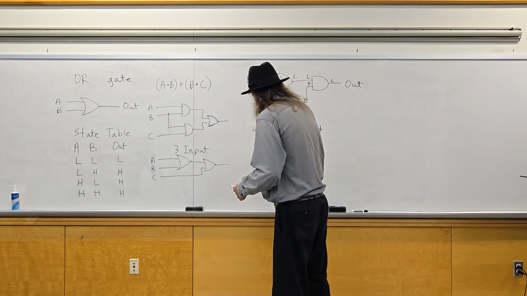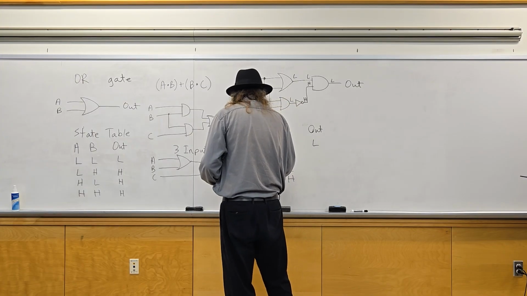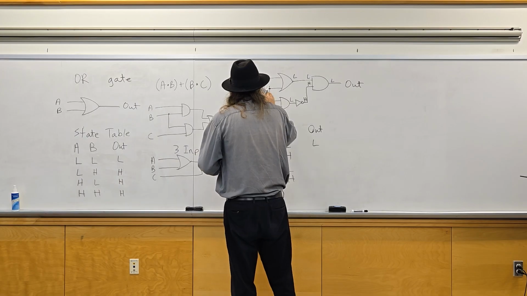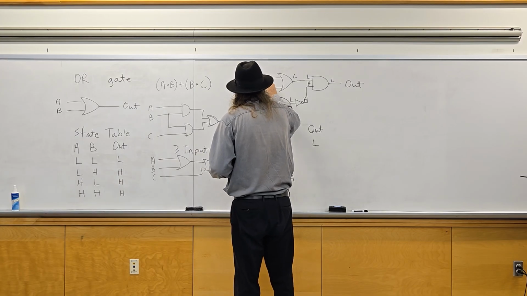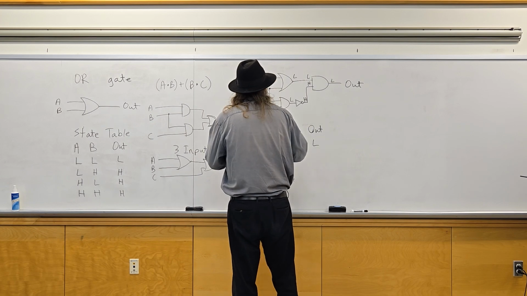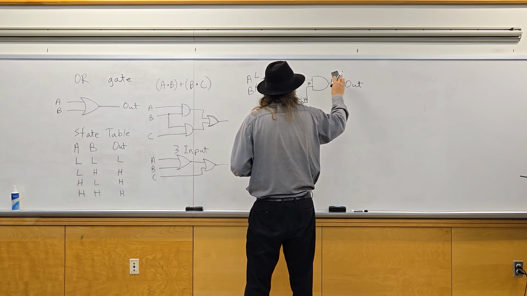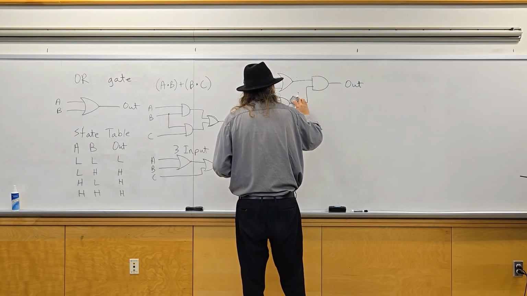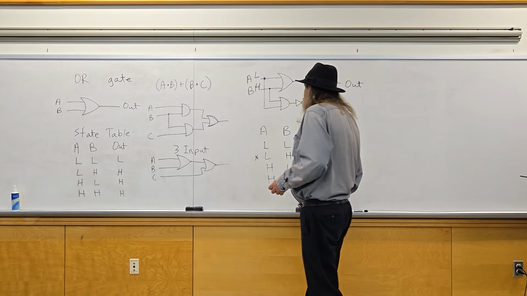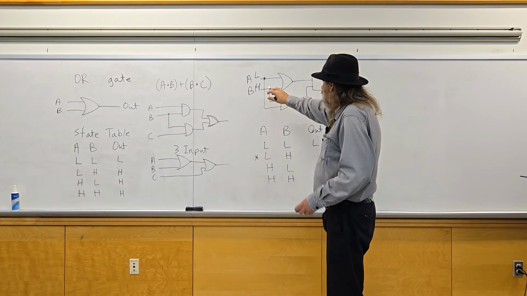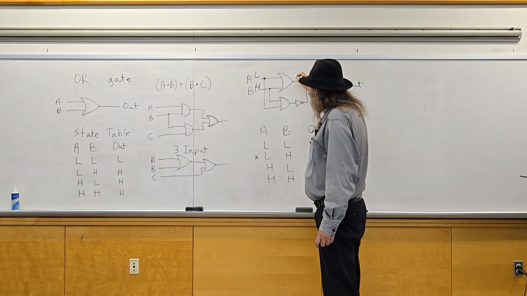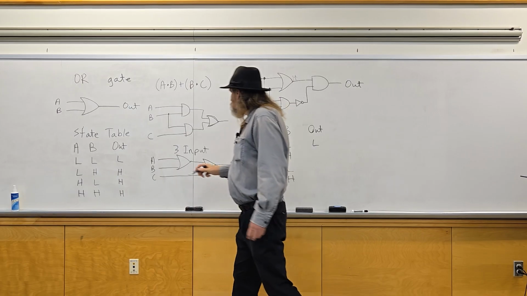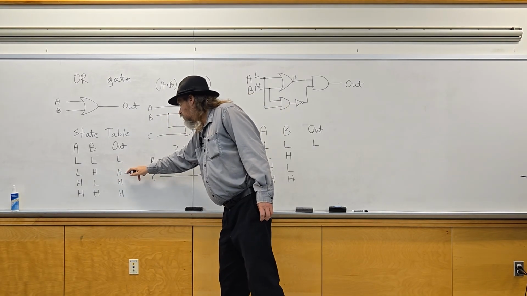Now next, we'll do low and high. So low and high. One of them is high, so the output of the OR gate will be high, because A is low, B is high, output's high.